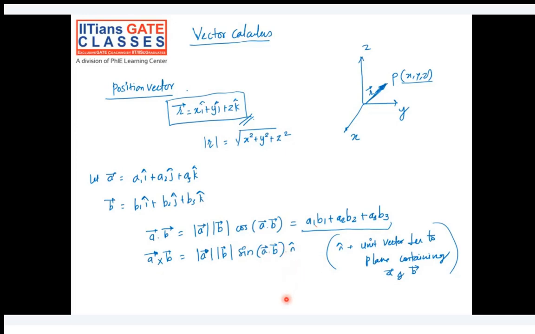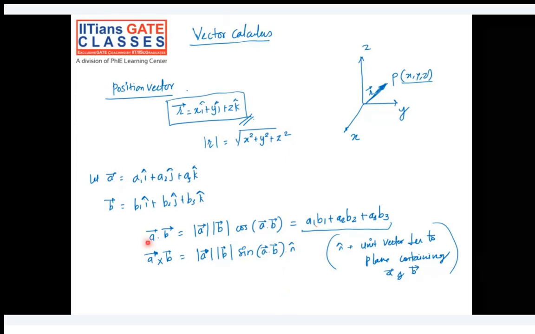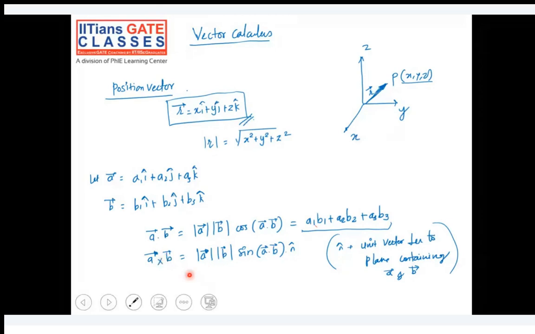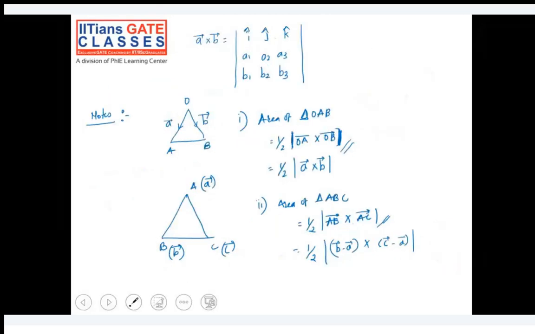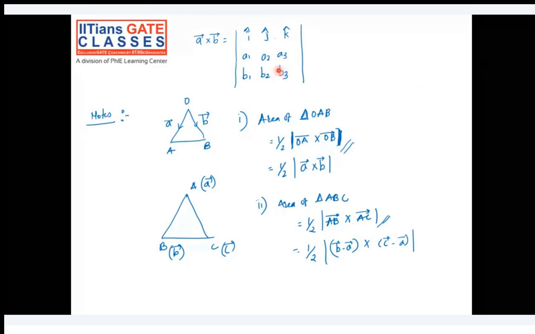These things we know already. I hope you know how to calculate a bar cross b bar in reality. It's the determinant with rows i j k, a1 a2 a3, b1 b2 b3. These are the components along the x, y, z directions, and if you take the determinant of it, you'll get the cross product.